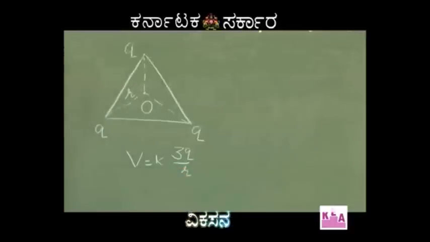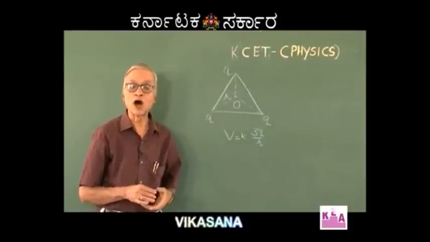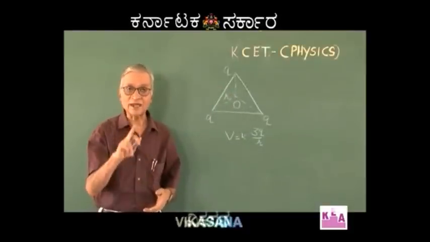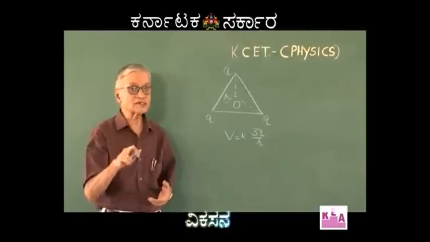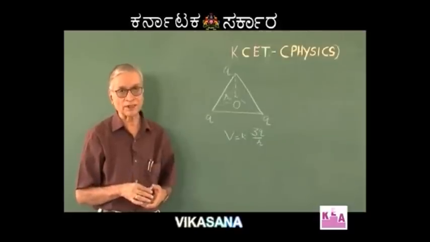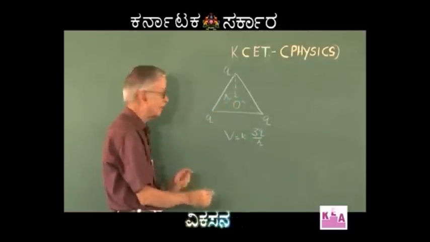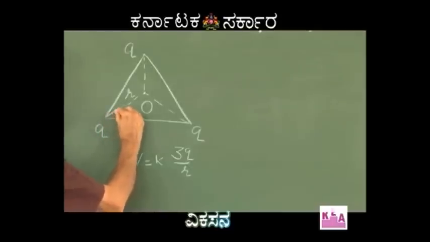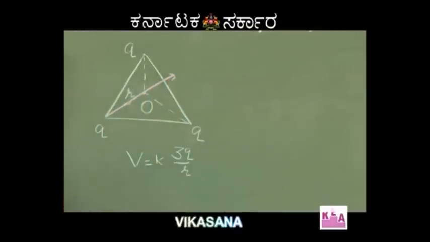Now, suppose I want to calculate electric intensity at O. You all know that electric intensity at a point is the force exerted on a unit positive charge placed at that point. If you place a unit positive charge here, this will exert a force in this direction, that is the force of repulsion.